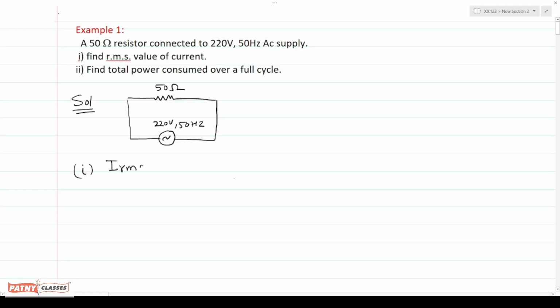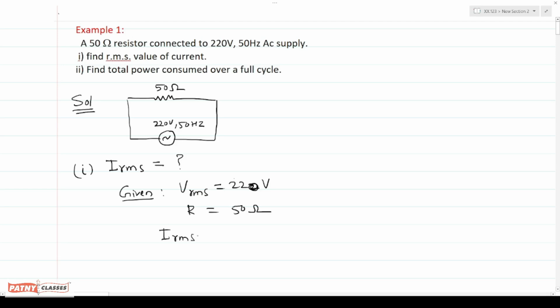IRMS equals to how much? Given is VRMS value, that is 220 volts, and R value 50 ohms resistance value.